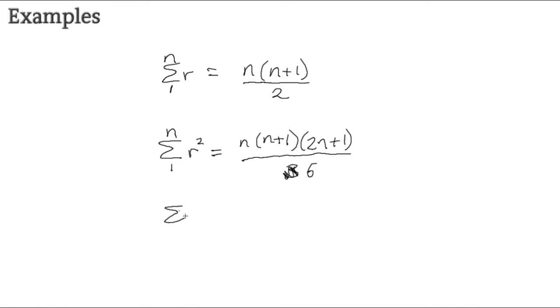And for the sum from 1 to n of r cubed, this one is less obvious, it equals n squared times n plus 1 all squared over 4.